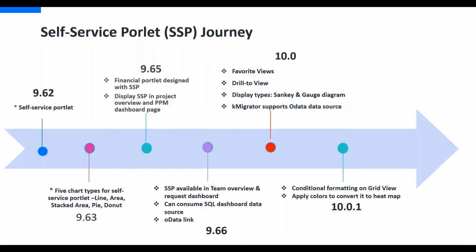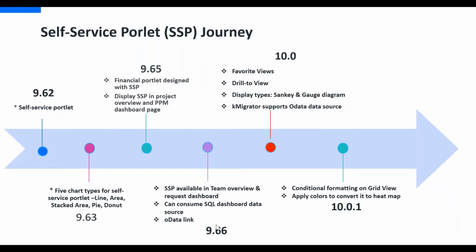So let's look at the self-service portlet journey in brief. As I said, it was introduced in 9.62. In 9.63, 5 additional chart types were introduced: line, area, stacked area, pie, and donut graphs. In 9.65, there was a financial portlet which was designed with SSP, and then SSP was supported in the project overview page and also in the PPM dashboard page.